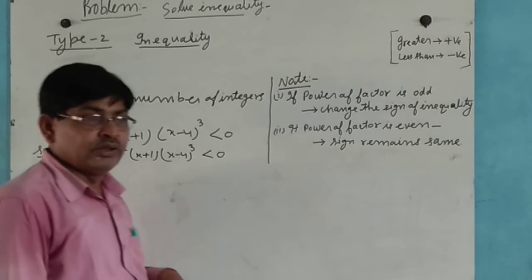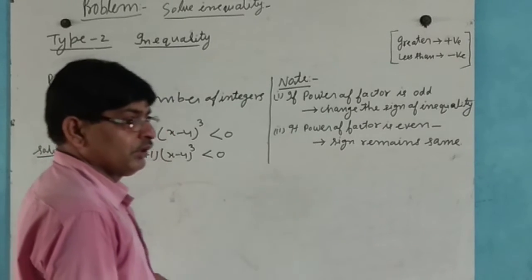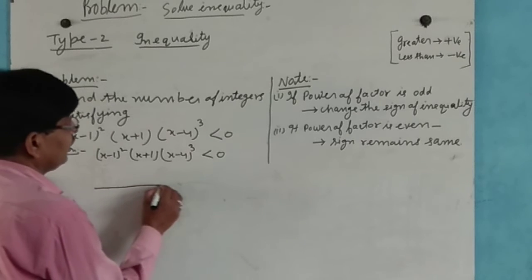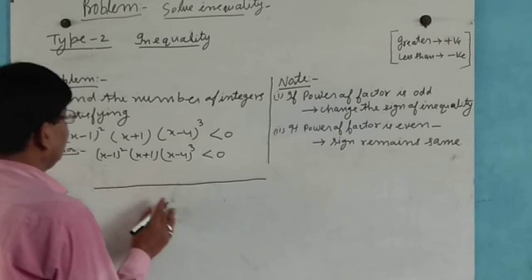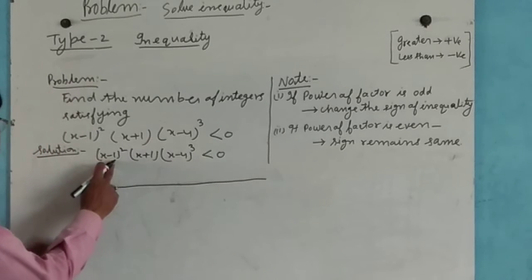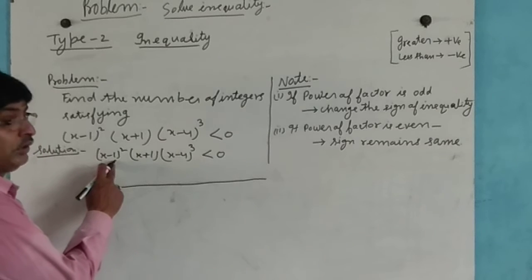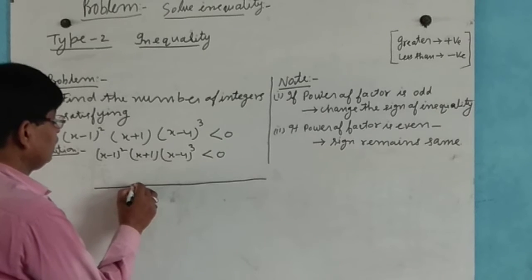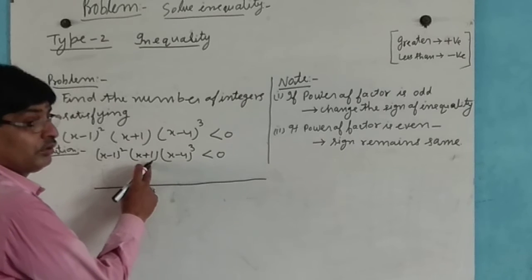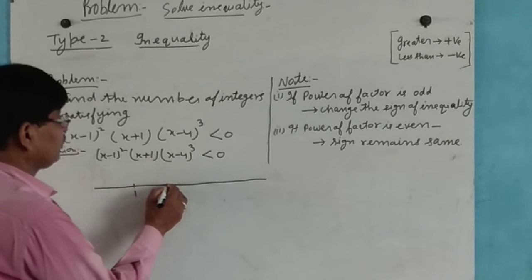First of all we equate the x factors. We get the value of x here. This is the line, and here x minus 1 equal to 0, x is equal to 1. This is 1. x plus 1 equal to 0, x is minus 1.